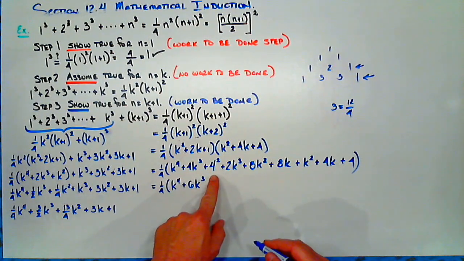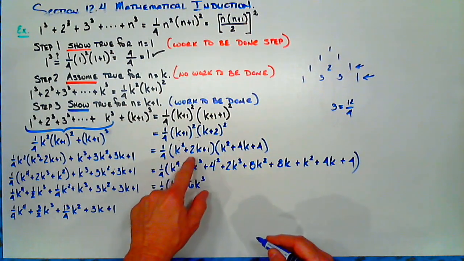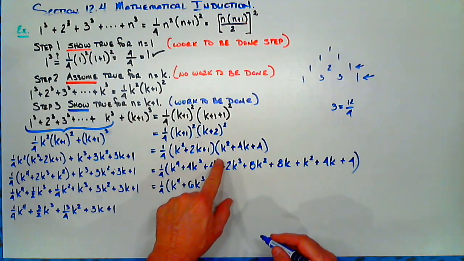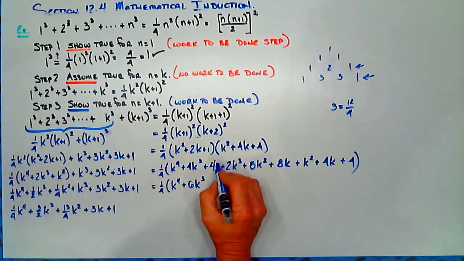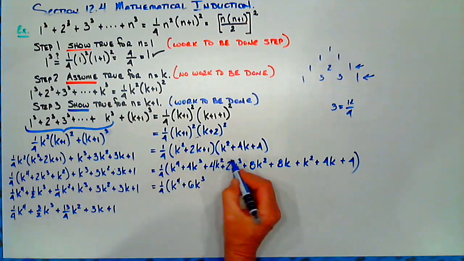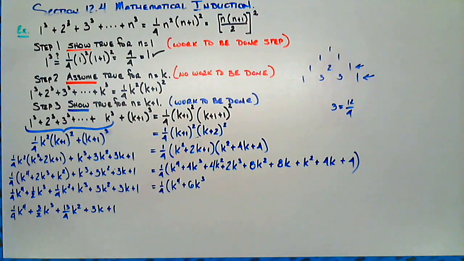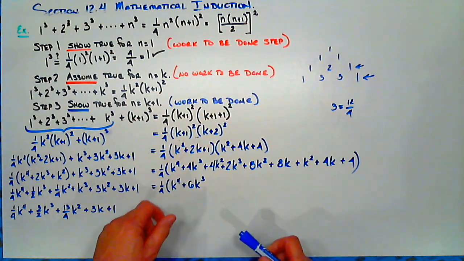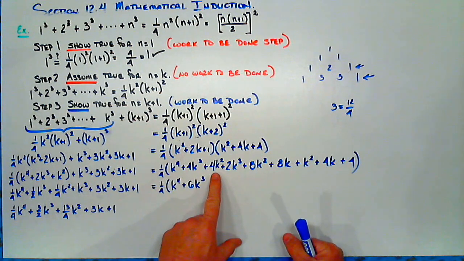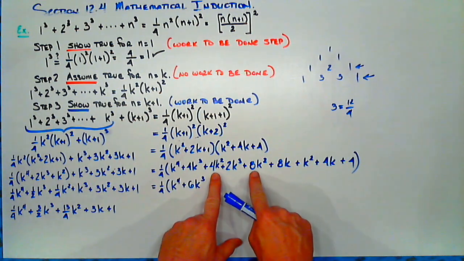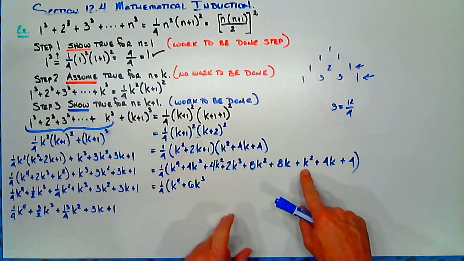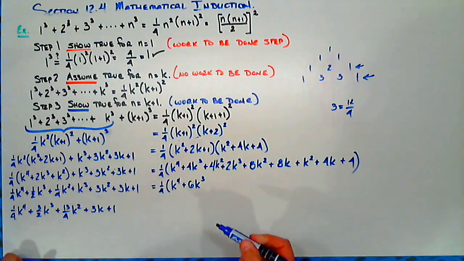Where did that come from? That's supposed to be 4k squared. Glad you guys saw that. All right, so what do we have now? How many k squareds? We have 4 plus 8, that's 12, plus 1 more is 13k squares.